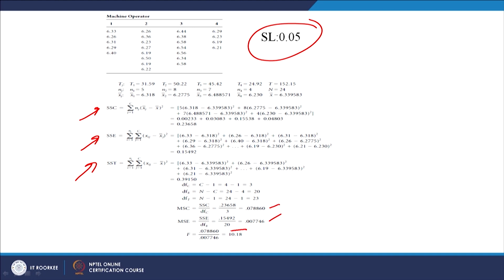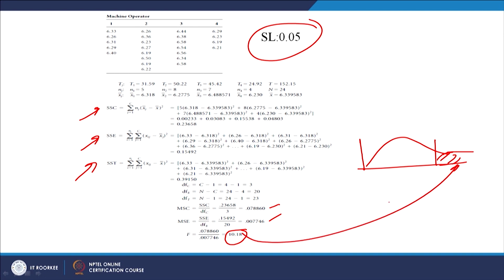So, this is the F value which we have calculated, right. This is the type of distribution, this is your rejection region. So, this is the F value somewhere here, and we will have the critical value from the table, right. So, just keep in mind these values.